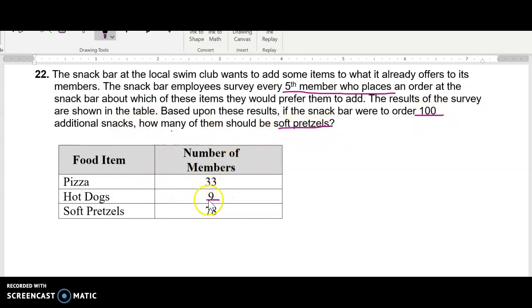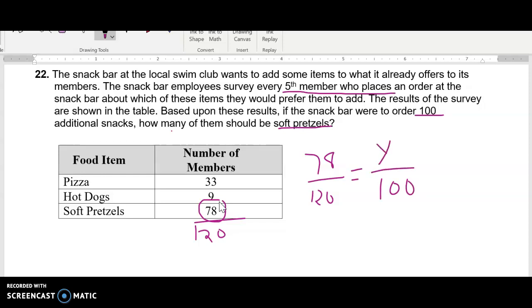Okay, so we have 78. When we have 78 over, and we add these up, there's a whole total of 120, so this is part over whole, equals x over 100. We don't know how many.